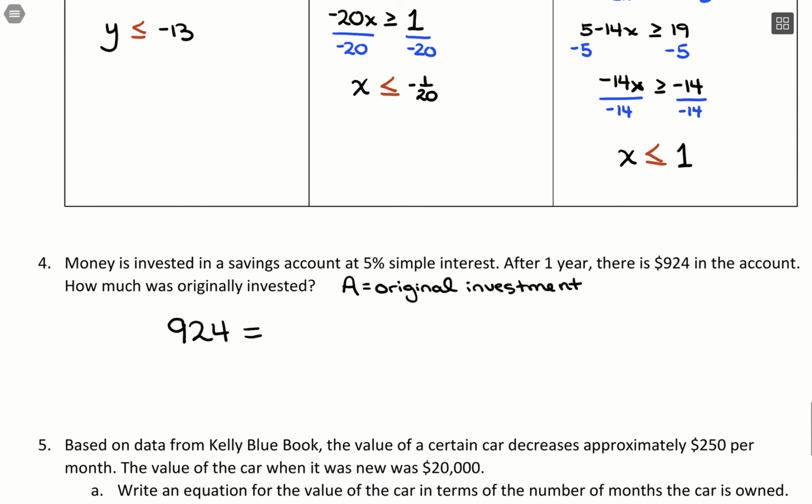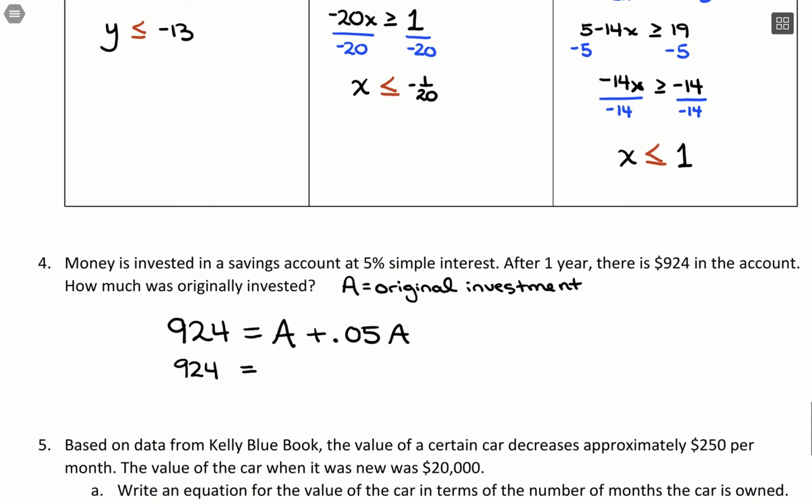And what that came from was having our original investment and then adding 5% of that value. So that like if we had $100 in the account, we added $5 to it and we ended up with $105. So with this, we can see how the account would build, and then we have this value that we ended up with.